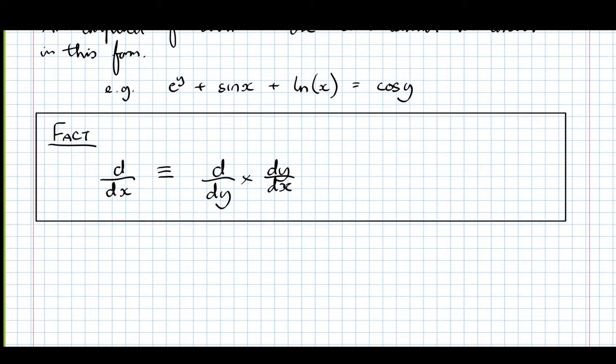Look at what this fraction simplifies to. And hopefully that'll convince you that differentiating with respect to x is the same as differentiating with respect to y, then timesing by dy by dx, because as a consequence of what we've done, these dy's cancel, just leaving d dx. So both sides of this say d dx when simplified.